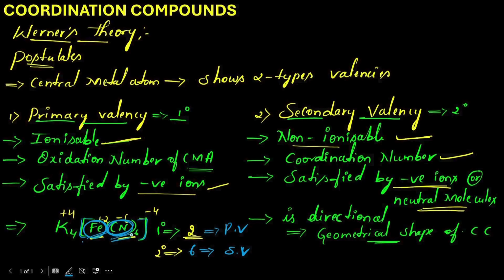Here we have only negative ligands, so the secondary valency is satisfied by negative ions. Once again, primary valency is ionizable, called oxidation number, satisfied by negative ions. Secondary valency is non-ionizable, called coordination number, satisfied by negative ions or neutral molecules, and it is directional. This is about Werner's theory.